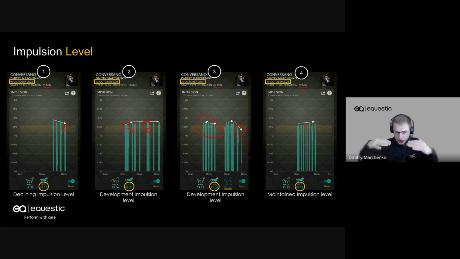So that's why, designing what you will be doing next, you should firstly understand the current state of the horse, the current ability to perform simple movements like walking, trot, and canter, and then add more if you see the horse is capable of doing whatever you want without decline in the impulsion.